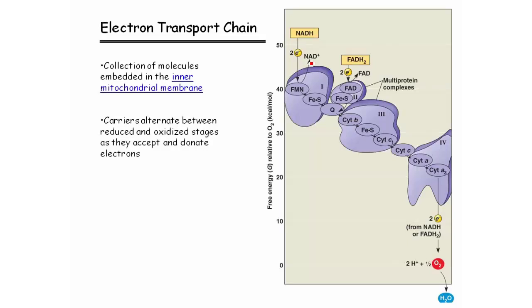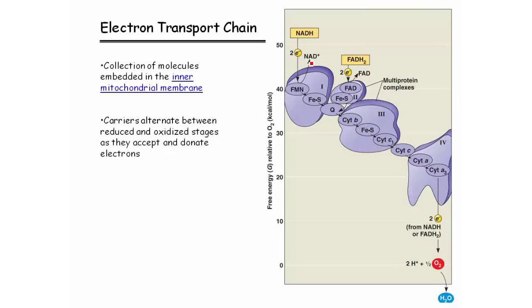This means that NAD+ could go back to the citric acid cycle and collect some more electrons. We have essentially a limited supply of NADH and NAD+, and NAD+'s job is to gather electrons, take them to the electron transport chain, pass them in, go back and get some more.